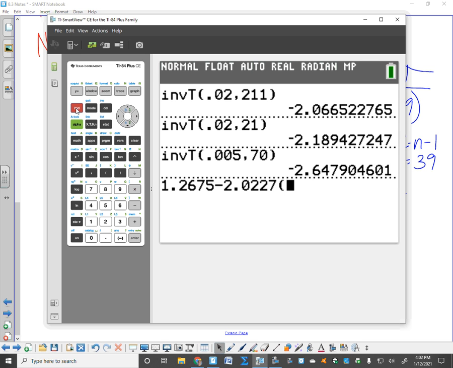Nope. 0.3332 square root 40. Now let me add parentheses. There we go. Let me check it. 1.2675, 3332. Okay, I like it. Enter.